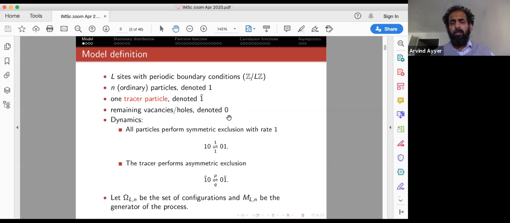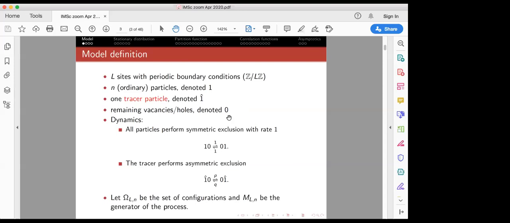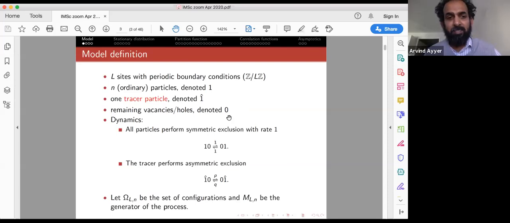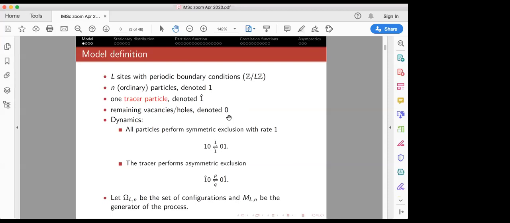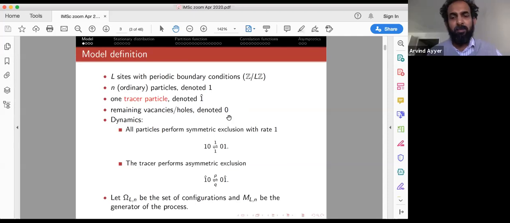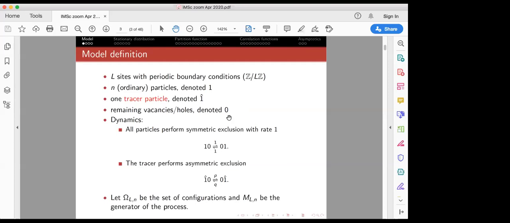Okay. So now a particle is an occupied site. I mean, they are indistinguishable otherwise, right? Yes, exactly. So all n particles are indistinguishable. By a particle, one can understand it's just an occupied site. So n plus 1 sites are occupied, because the tracer is also a kind of particle.